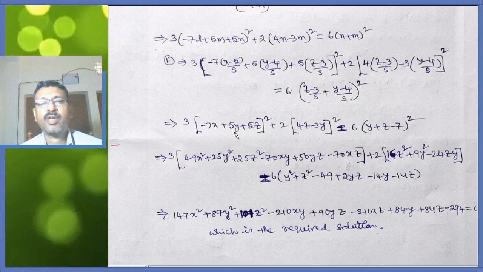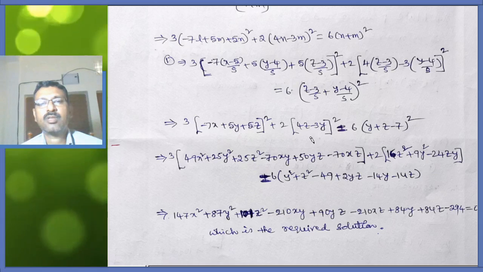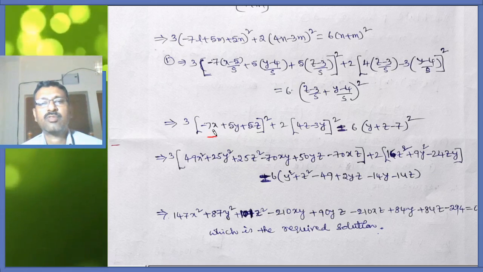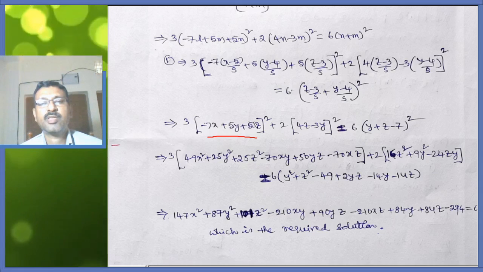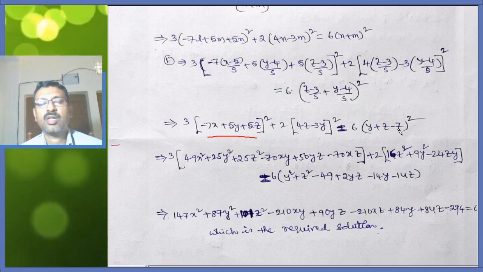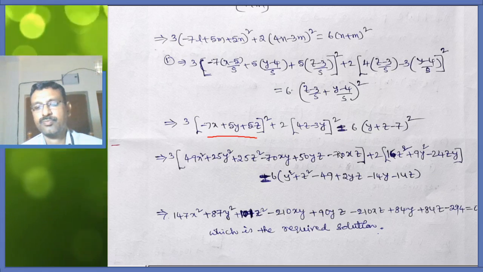To simplify these terms, here we have three terms: a plus b plus c whole square, here it is a minus b whole square, and here also a plus b minus c whole square.